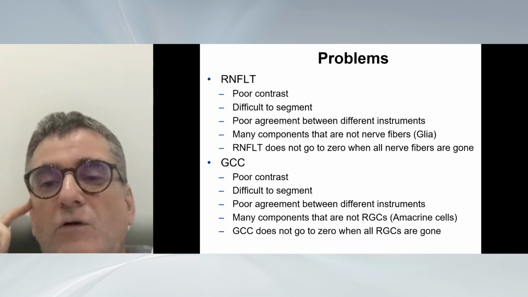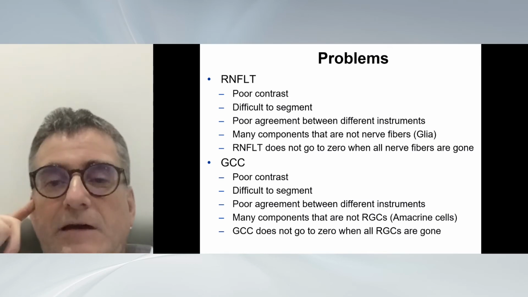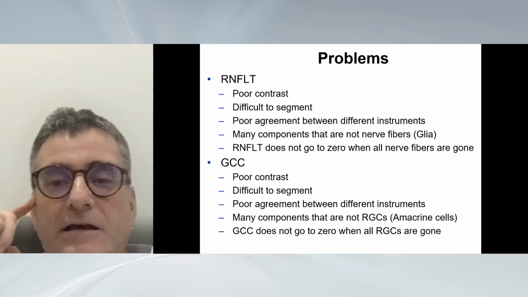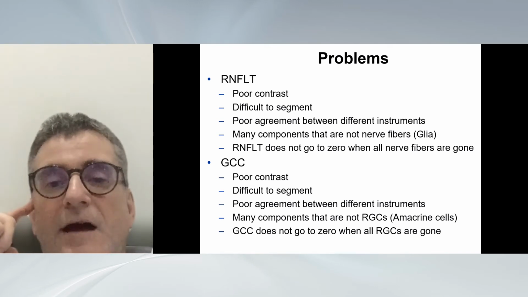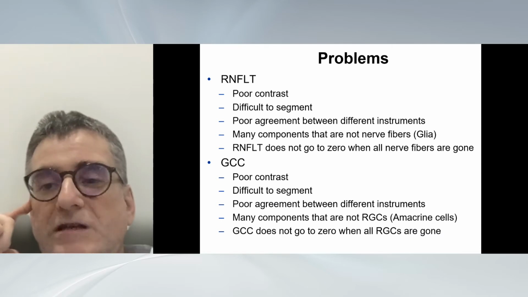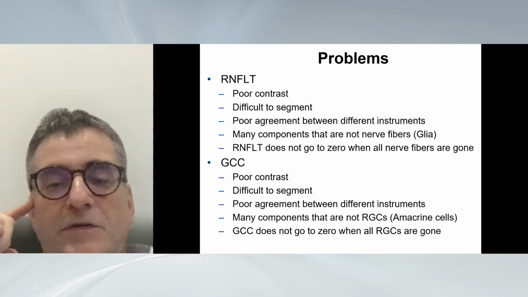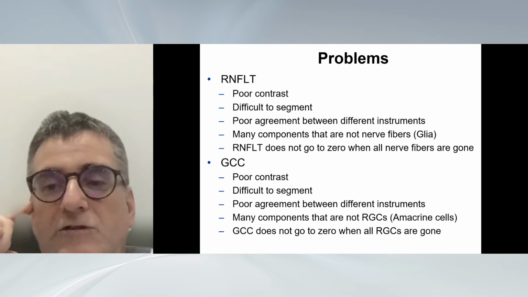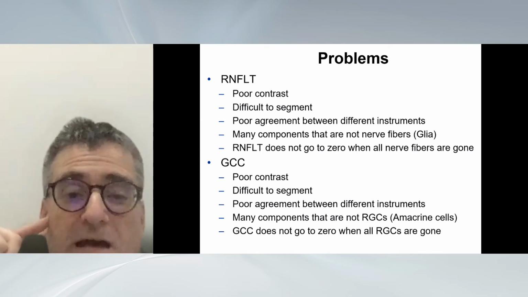We have many components that are not nerve fibers when we measure the nerve fiber layer thickness, for instance, the glial cells and the blood vessels. And RNFL does not go to zero when all fibers are gone, and this is the so-called residual effect.